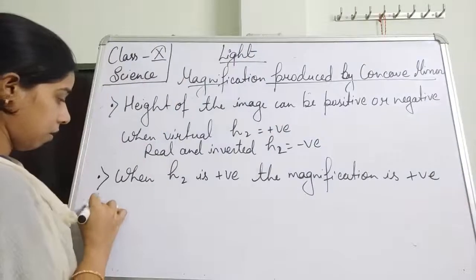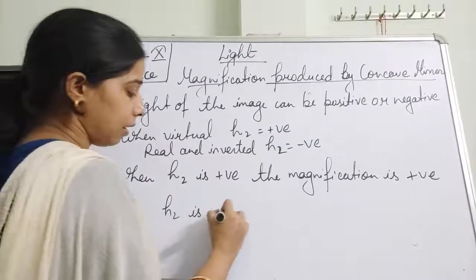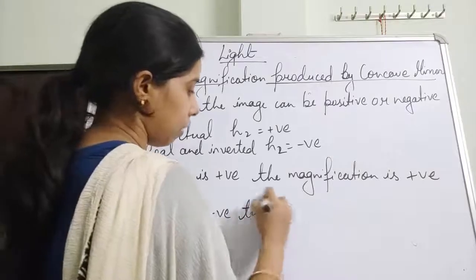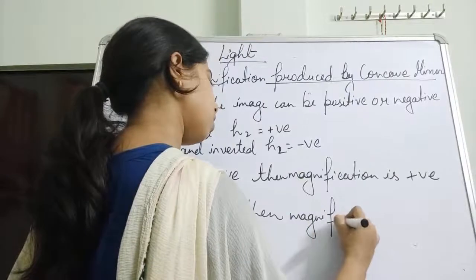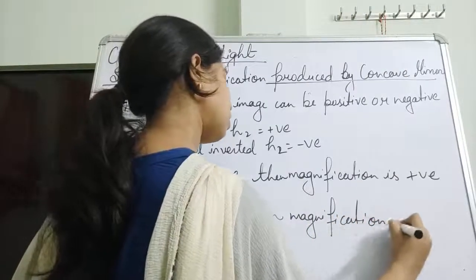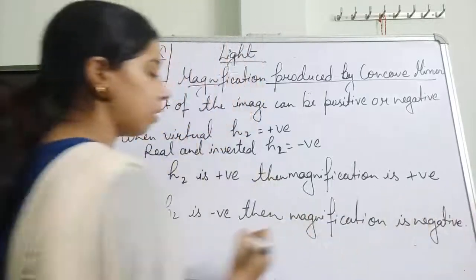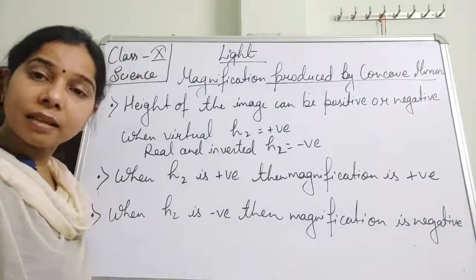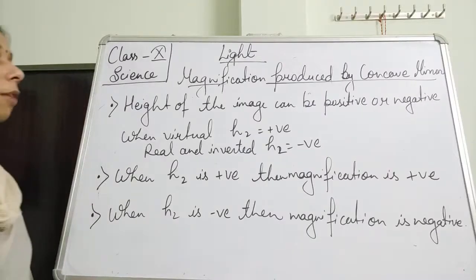And when H2 is negative, then magnification is negative. So this is one method by which we can find the linear magnification.